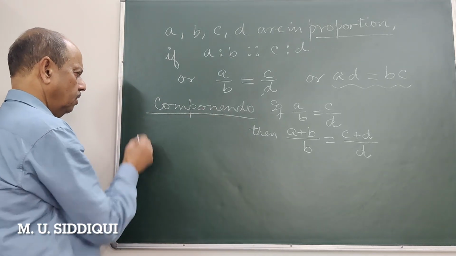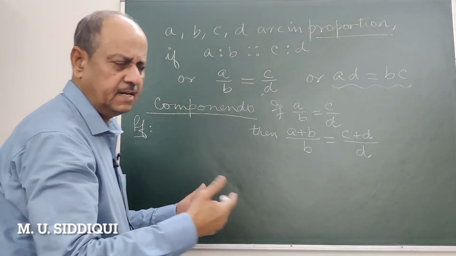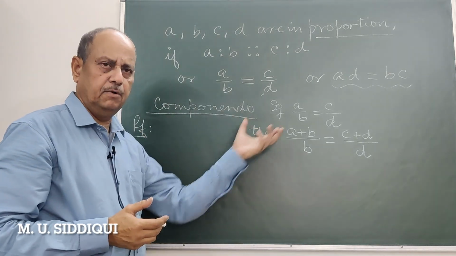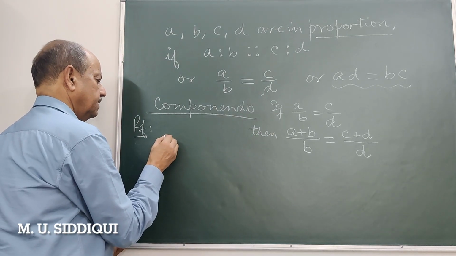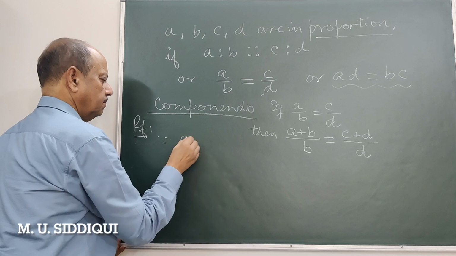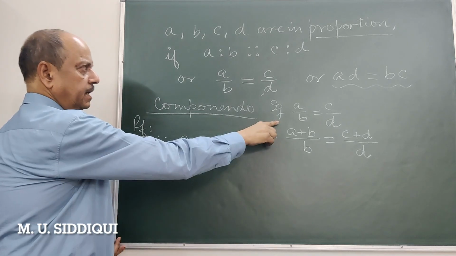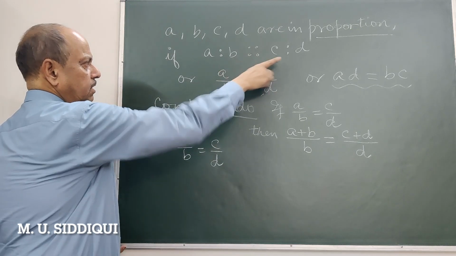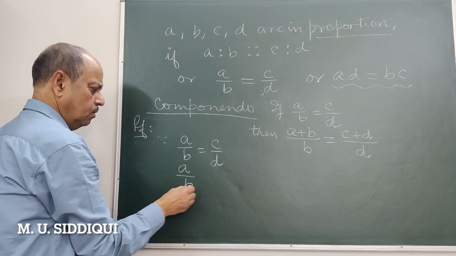Let us just show the proof, just let's see how it comes to be true. It was so simple. Since we have started from the fact that A upon B is equal to C upon D, these two expressions are equal.